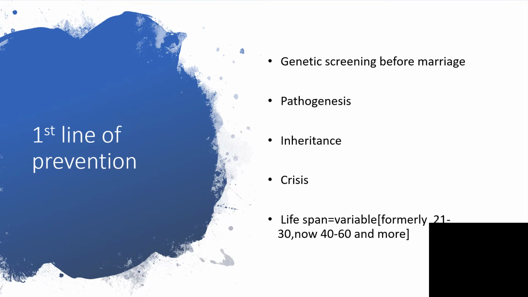The lifespan is variable. Formerly, we were told that anyone diagnosed with sickle cell disease will live between 21 and 30 years old.